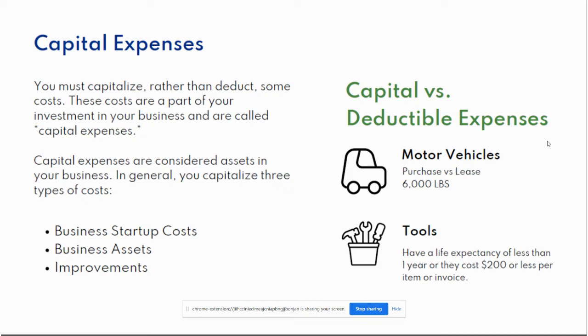Basically, any tools that you purchase over that number will be capitalized. Any tools that you purchase under the $200 in this example are just going to be expensed. You're not going to go through the capitalization process. And this is basically an internal policy that every business has to develop, and you maintain it and stay consistent with it.